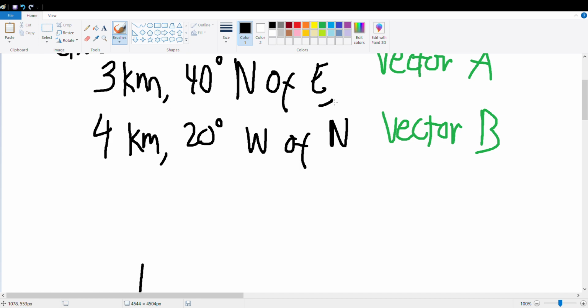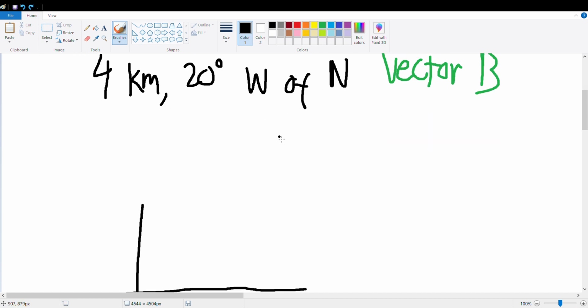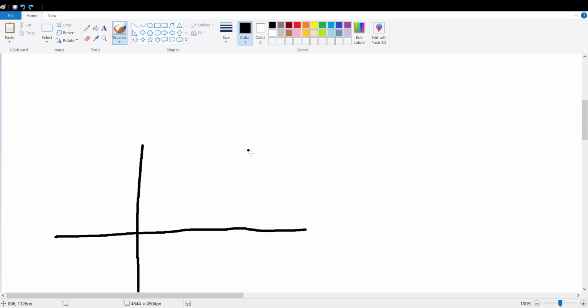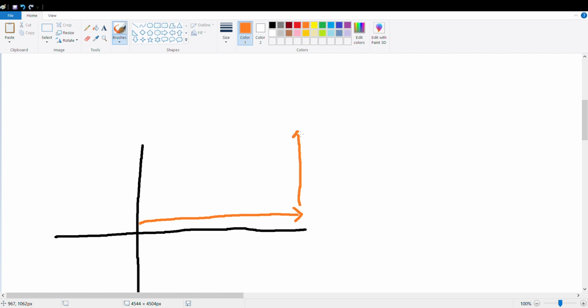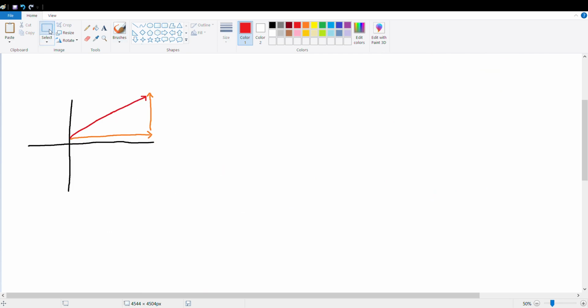So we start with east and then go to the north. So in the Cartesian plane, obviously, we're going east here, and then we're gonna go north above. So kind of like this. And then we draw the first vector, which is like this. Now this may not be accurate, but it's good enough.